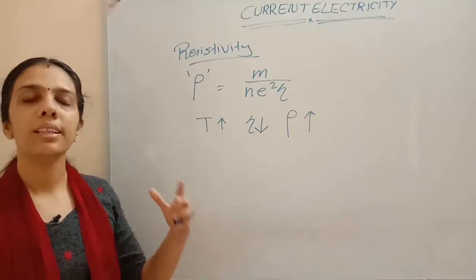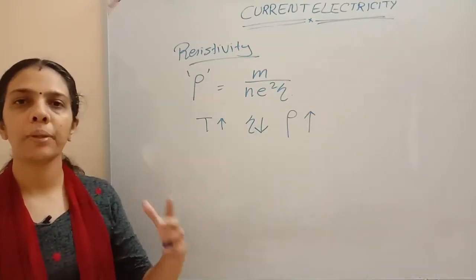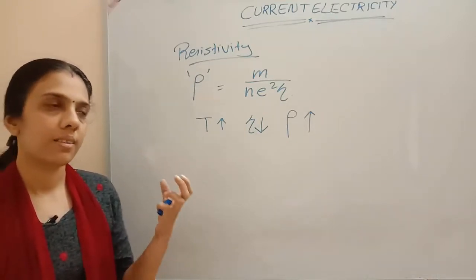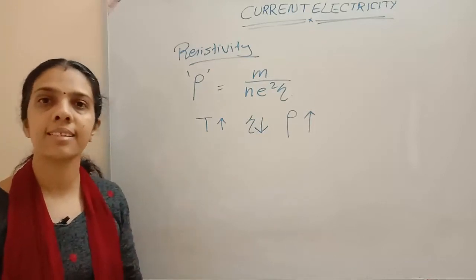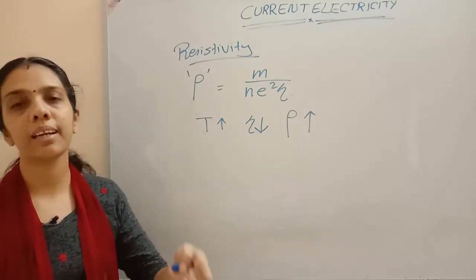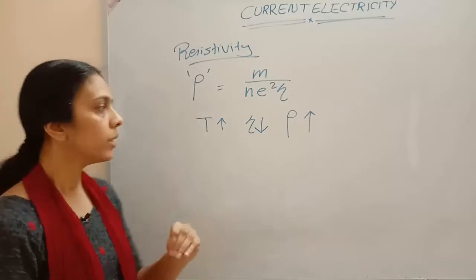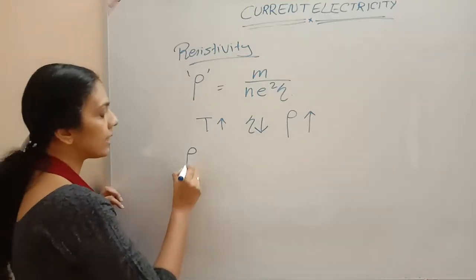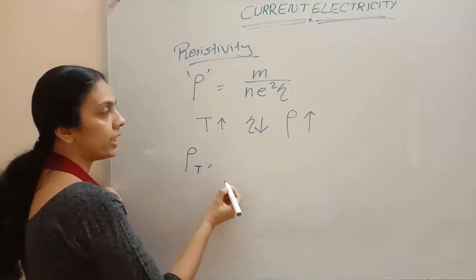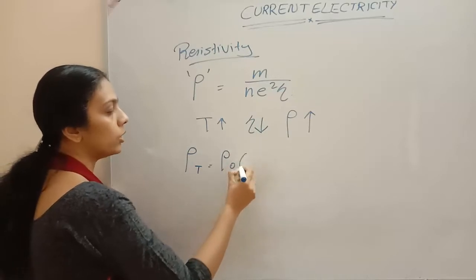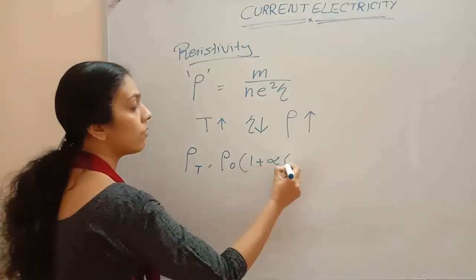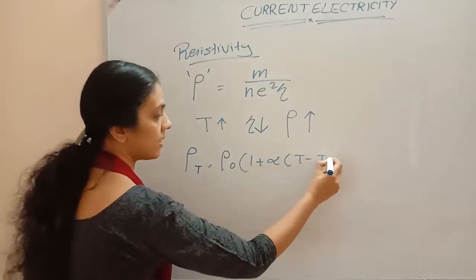Right. So how will this happen in the case of metals, alloys and semiconductors? If I am increasing the temperature, rho T equals rho 0 into 1 plus alpha into T minus T0.